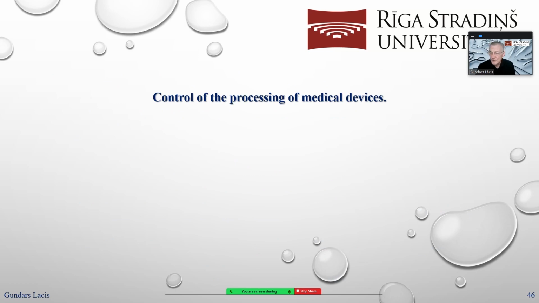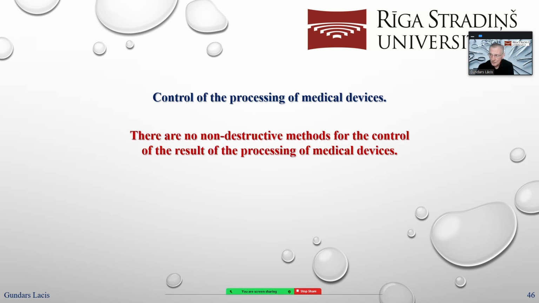Control of reprocessing processes. What you have to remember is that there are no non-destructive methods for the control of the result of the reprocessing processes of medical devices. No. And why? When medical devices are reprocessed, before the last step, before the sterilization process, they are packed and packages are closed.